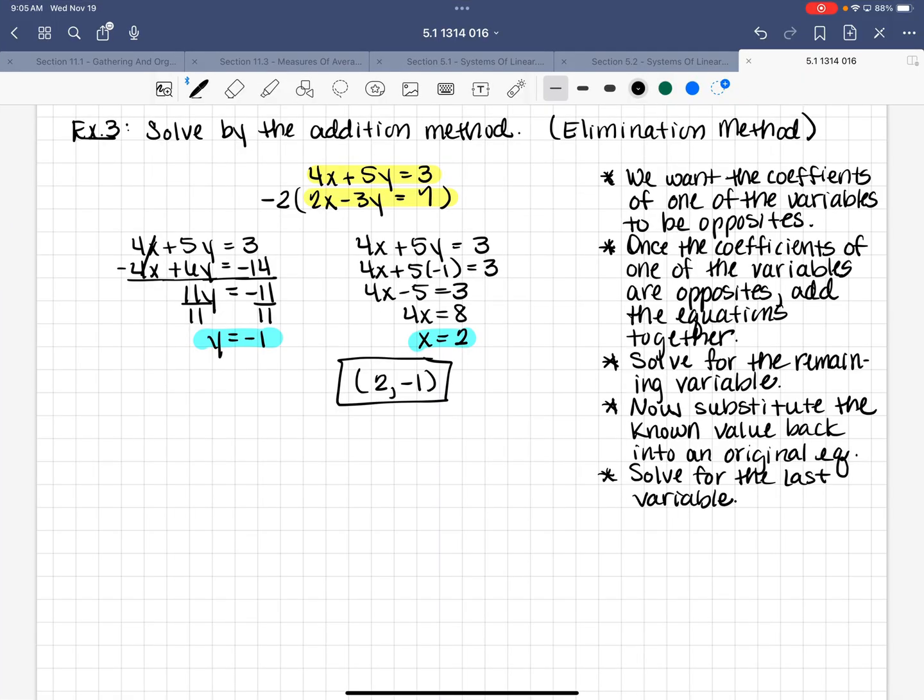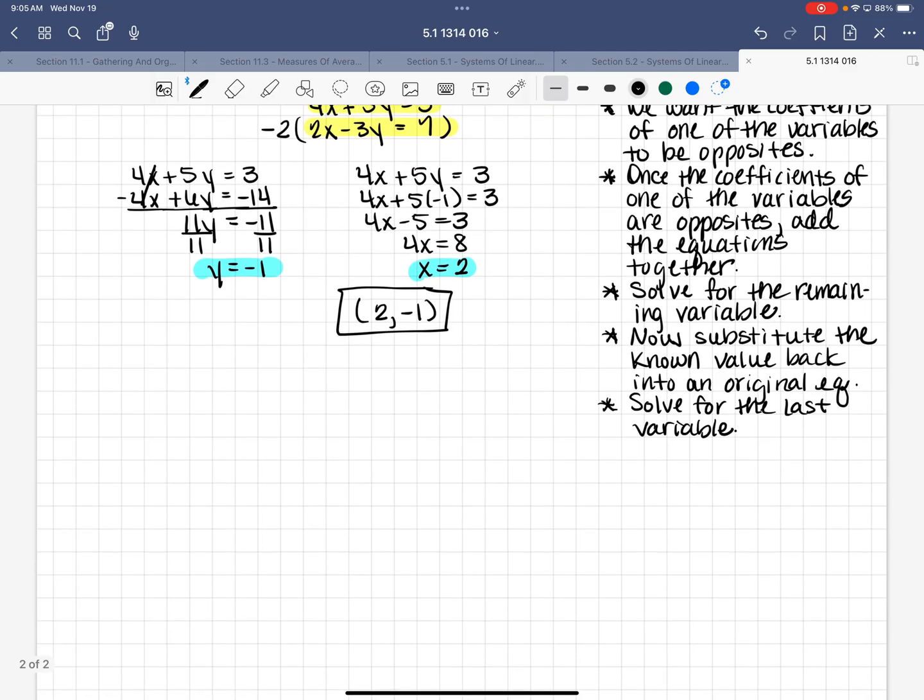All right, let's look at example 4. Example 4 says, solve by the addition method.